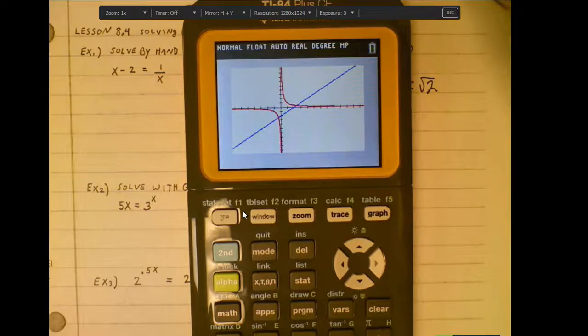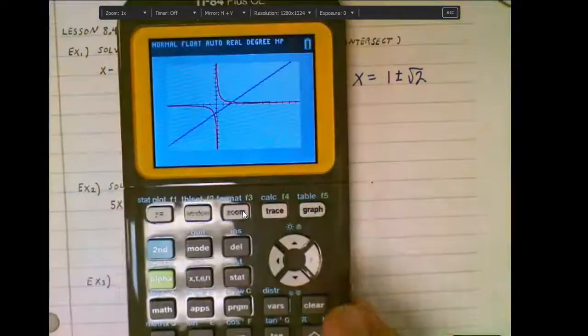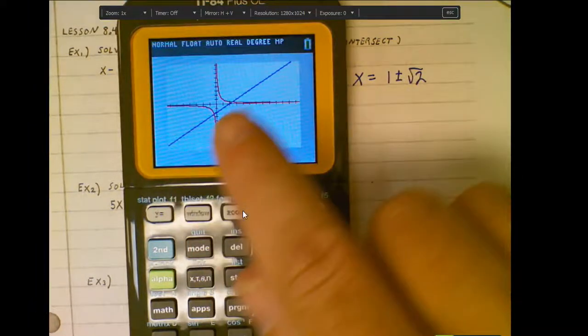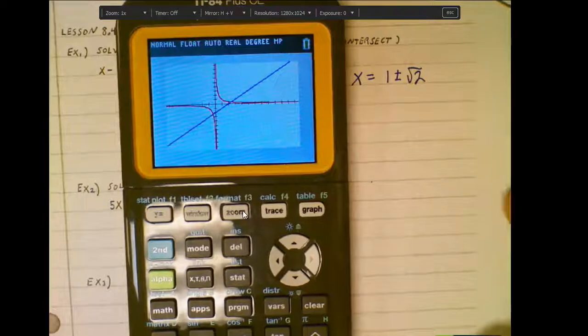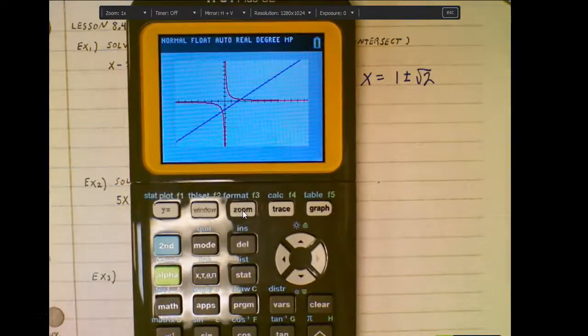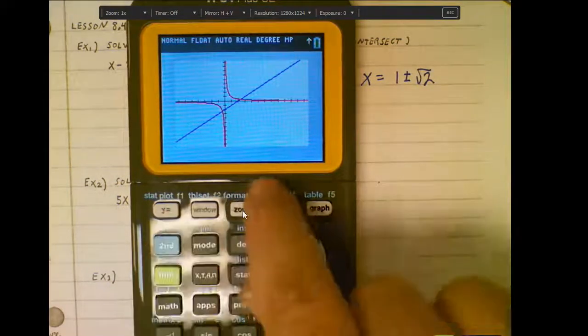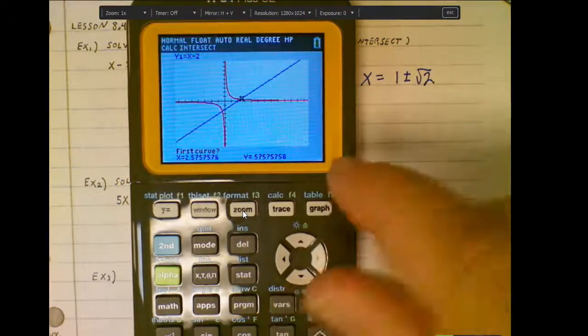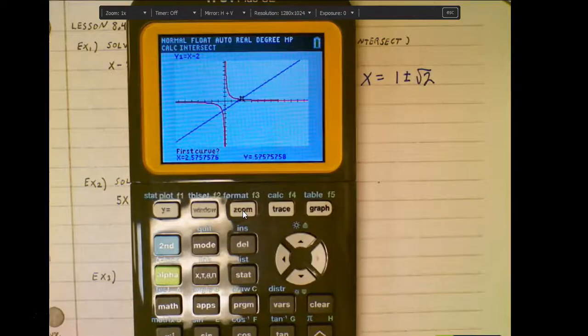And you can see that there are 2 points of intersection. Just as we had two solutions when we did that by hand, there's going to be two solutions when you do it on the calculator. So I just need to identify those 2 points of intersection. So if I go under Calc and choose intersect, we'll just start with the first one where my cursor is closest to.